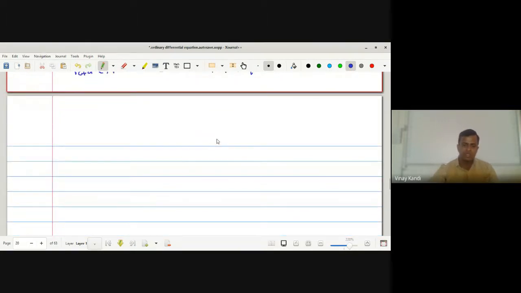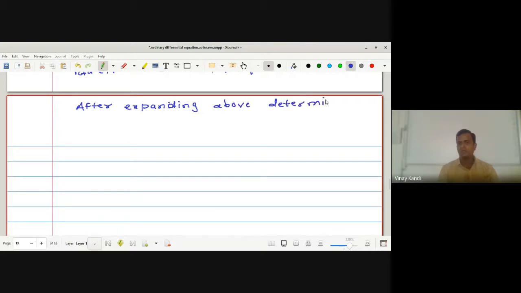Okay, in the summation form. So here we get, after expanding the above determinant, we get W dash of phi 1, phi 2 up to so on phi n of x is equal to minus a1.